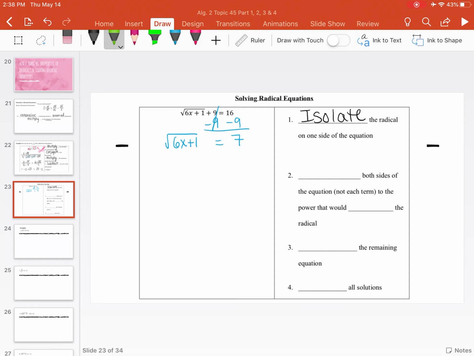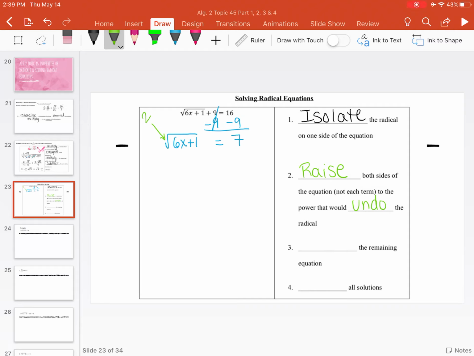Now I'm going to raise both sides of the equation, specifically not just each term, but both sides, to the power that would undo the radical. So here we want to pay attention to the index. The index here, although it's not written, is 2. This is a square root.